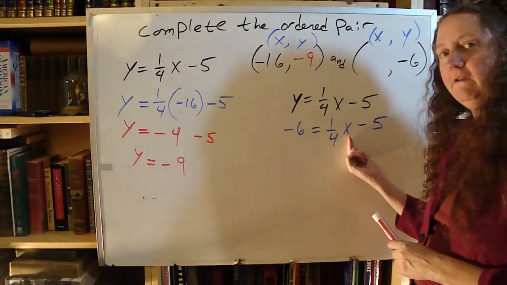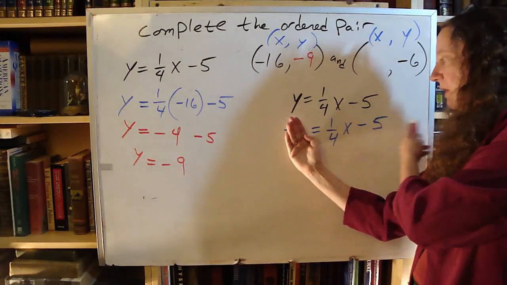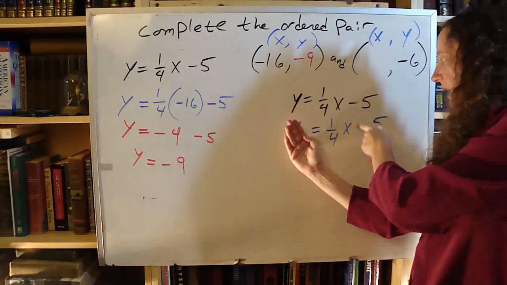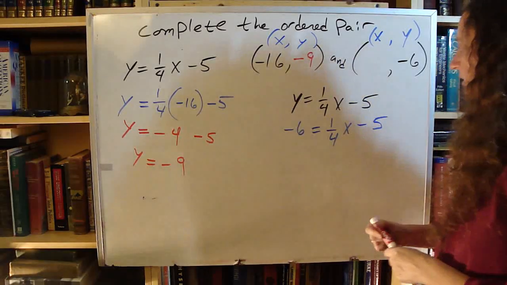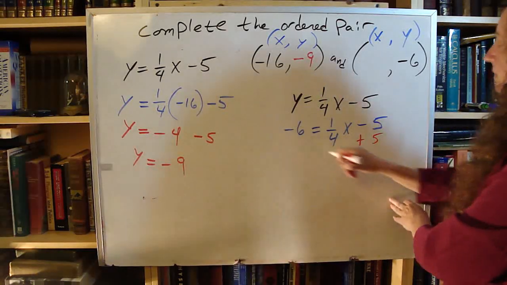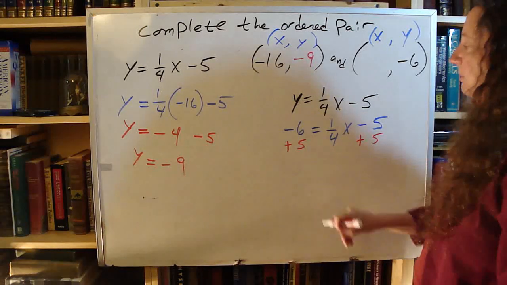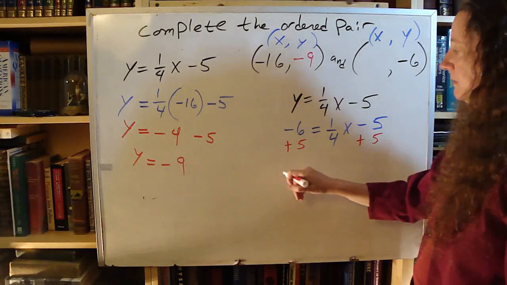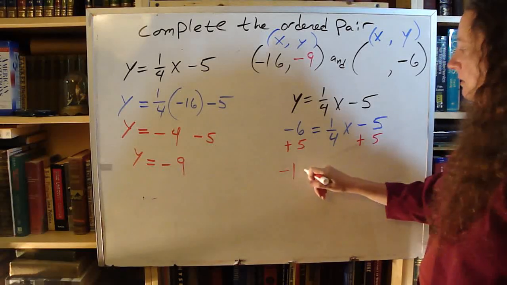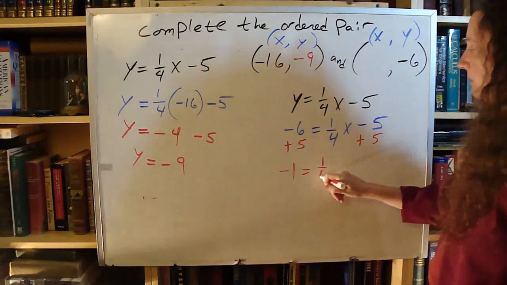I need to solve for x. It shows up only one time, so I'm looking at the side where it is. Get rid of my add, subtract. Add the 5 over. Negative 6 plus 5, negative 1, equals. Carry the 1/4 x down.